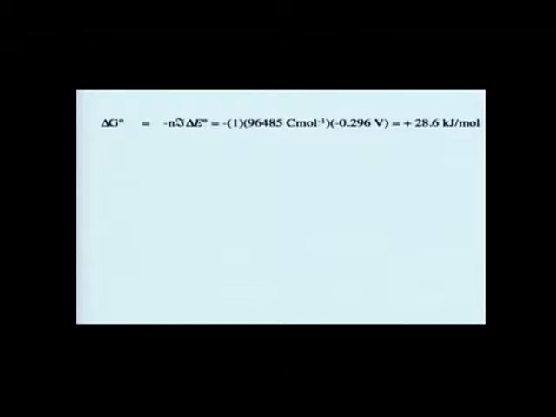I can tell you it's a one-electron process. Flavodoxin puts one electron into vitamin B12. So we have minus 1 times Faraday's constant times the cell potential difference you just measured, which is minus 0.296. And if you multiply those out, then you get 28.6 kilojoules per mole, positive. That is a very big value. That's not spontaneous, and it's not a small number for a biological system.